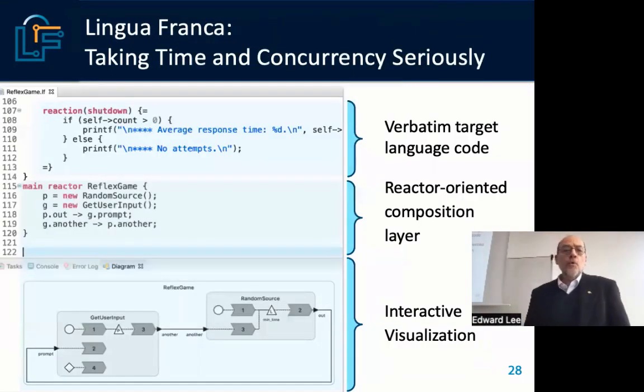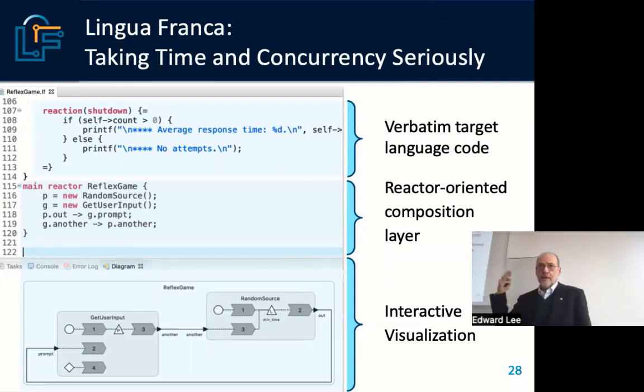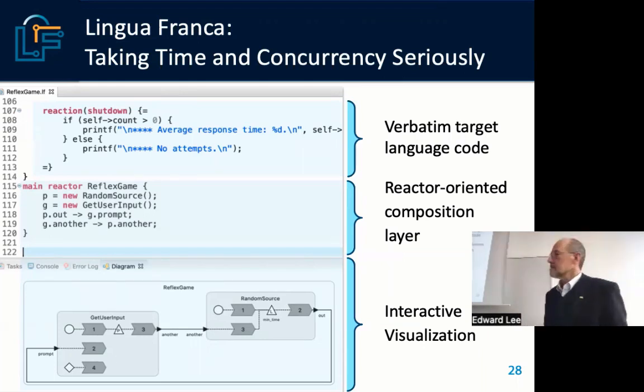So Lingua Franca is a coordination language. It's not a programming language. It coordinates programs that are written in conventional languages. Currently, it supports C, C++, Python, Rust, and TypeScript. Okay, those five are supported. There's beginnings of some support for Lean, which is an interesting language suitable for formal verification, but that's still very early stage.